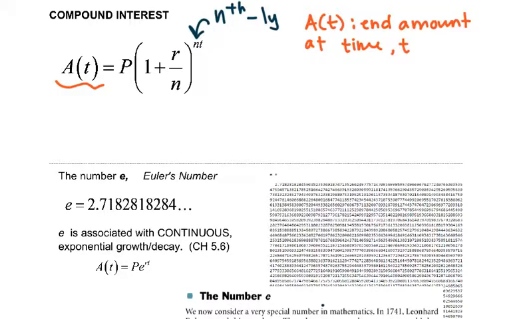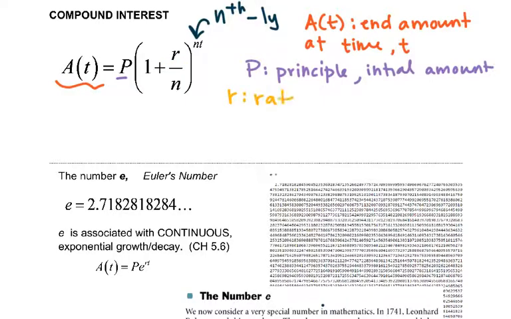P is my principal or my initial amount. So it's what we start with. R is my rate.